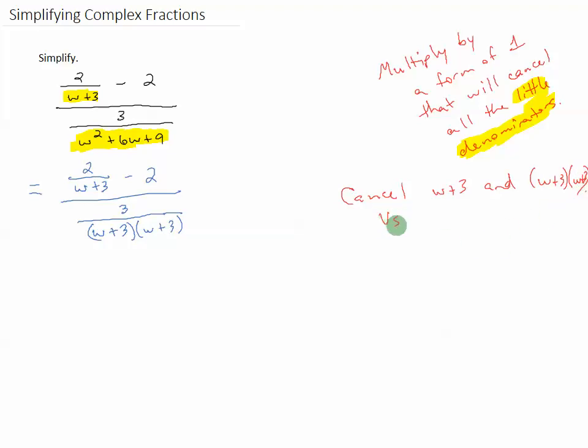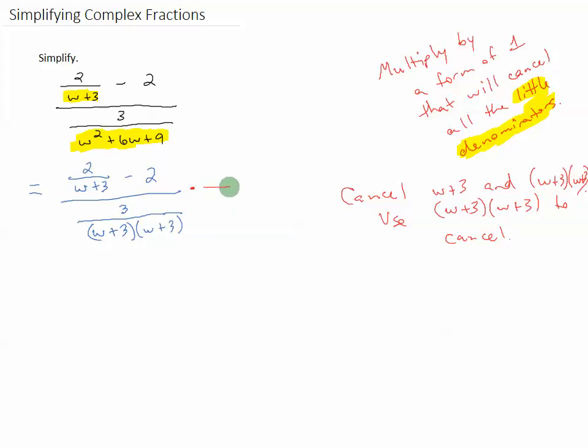So we use w plus 3 times w plus 3 to cancel. w plus 3 times w plus 3 will cancel w plus 3, and it will also cancel w plus 3 times w plus 3. Now if that's confusing, let me just show you how to do it over here, and maybe it'll make more sense.